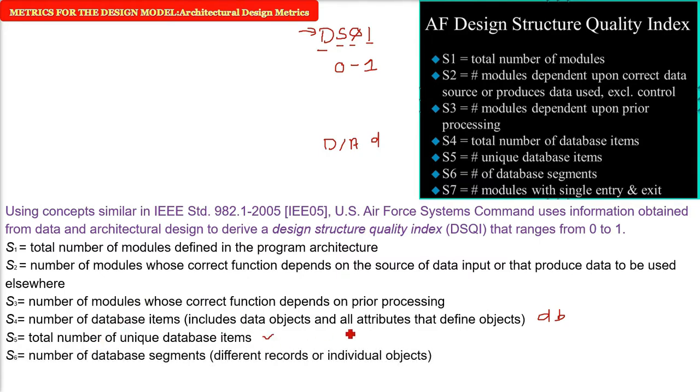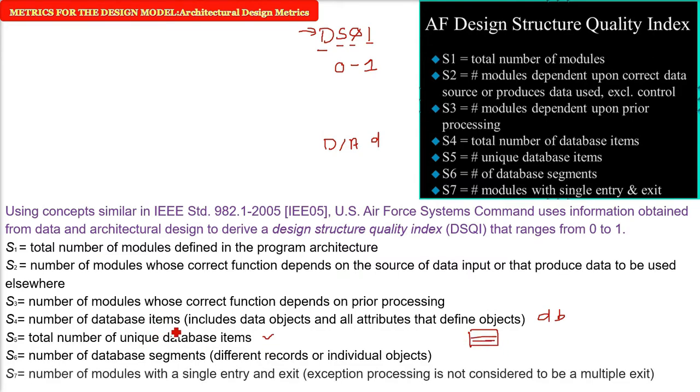S6 will be the number of database segments, like records. If you make a table in a database, that is number of records and individual objects. S7 will be the number of modules with single entry and exit. So this S1 to S7 will give numbers, and then we will compute the DSQI.